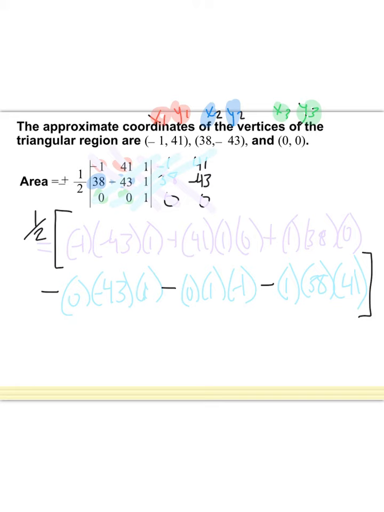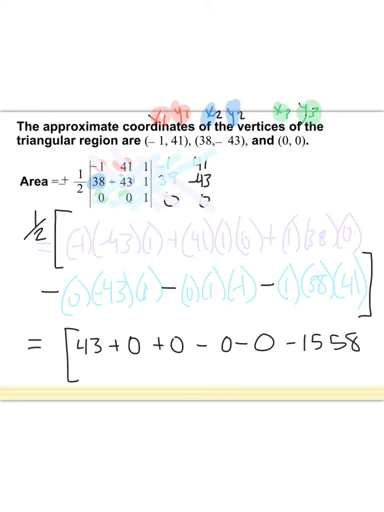So after we multiply, we're going to get 43 plus 0 plus 0 minus 0 minus 0 minus 1,558. Don't forget about our 1/2. And after we subtract, we get 1/2 times -1,515.